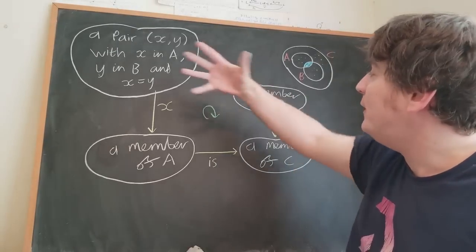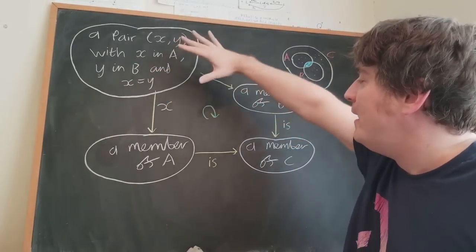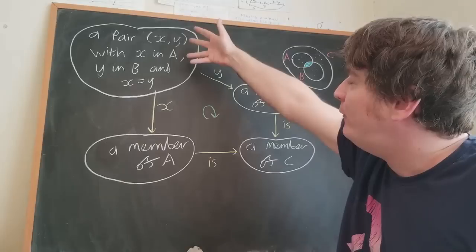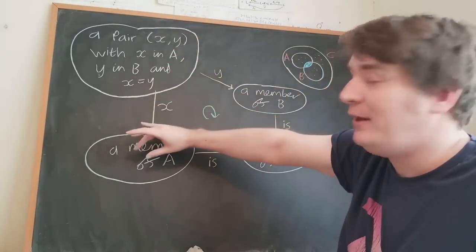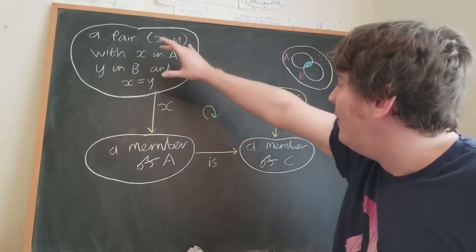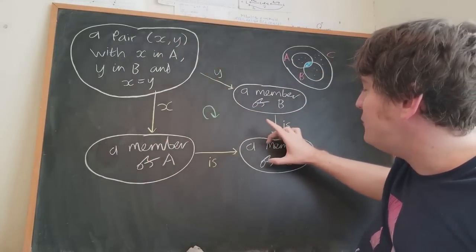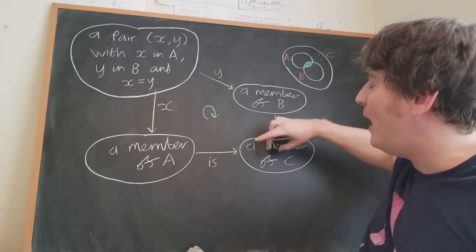So if we want to be really precise about what this object means here in terms of pullbacks, we would say that this is the set of all pairs x comma y, with x in this set A and y in this set B, which is such that if we do this function on x, we get the same thing as if we do this function on y.